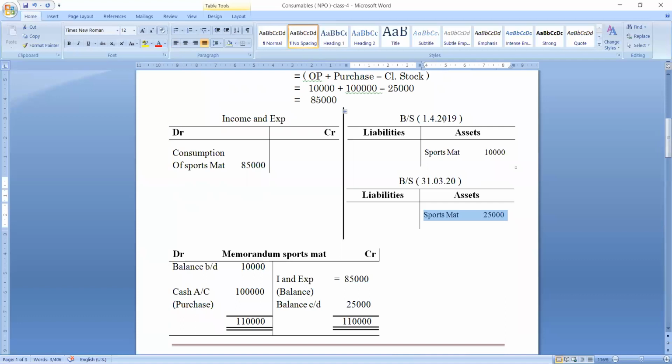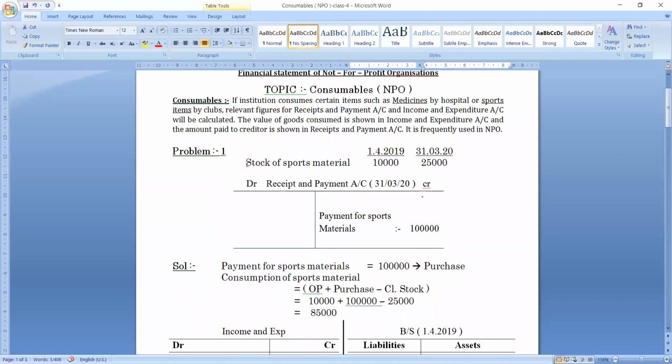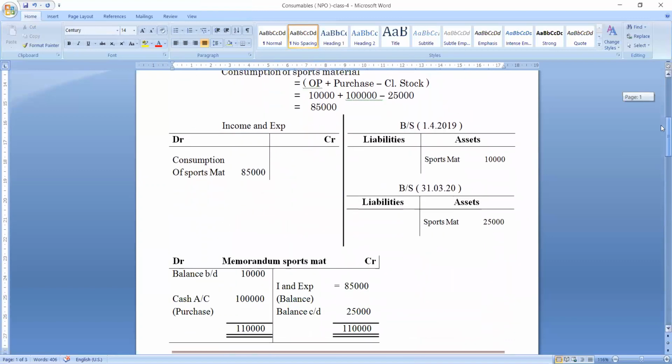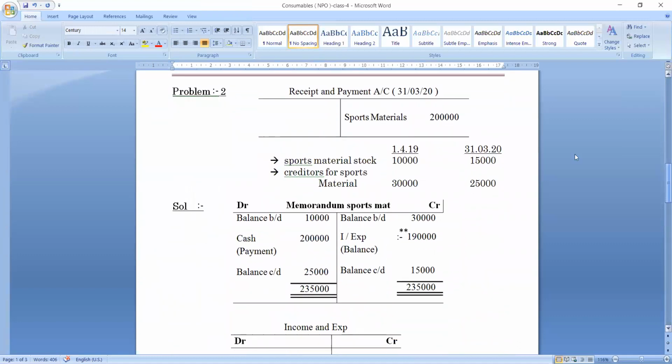This is your opening balance sheet, this is your closing balance sheet. Pause my video and note this question, then solve that question.